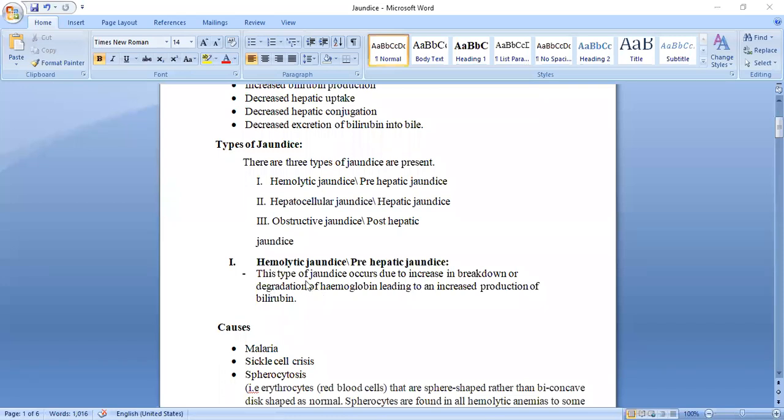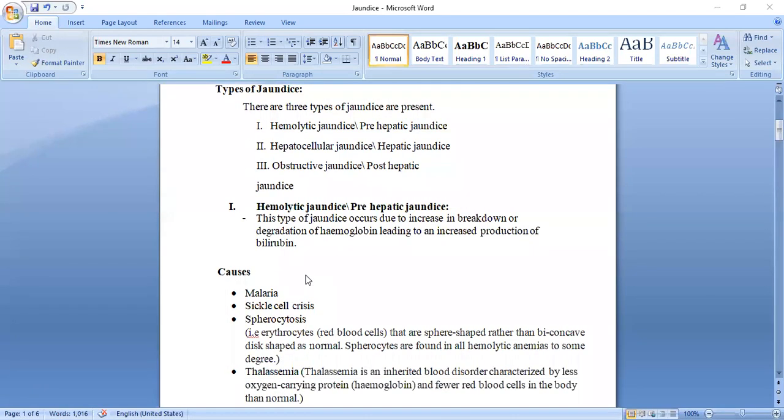So it is called hemolytic jaundice, or pre-hepatic jaundice.